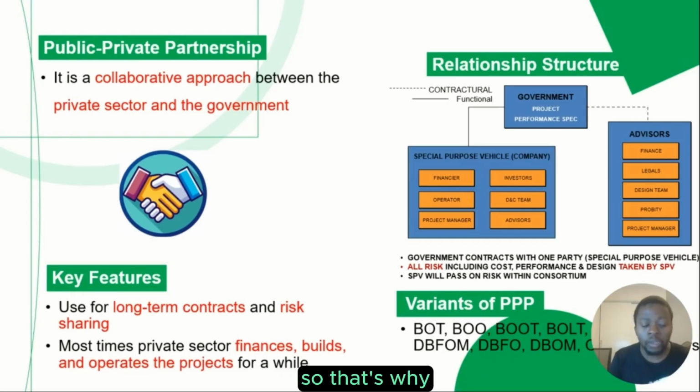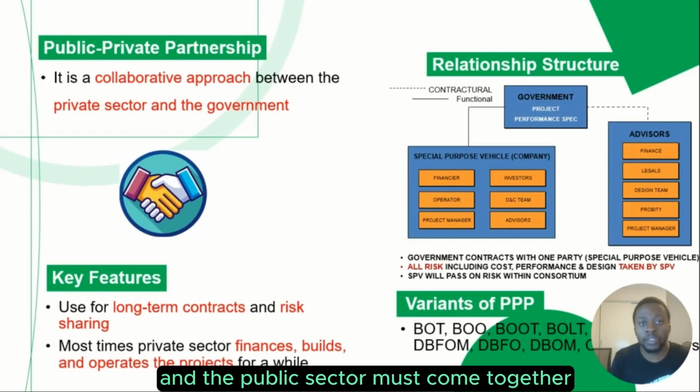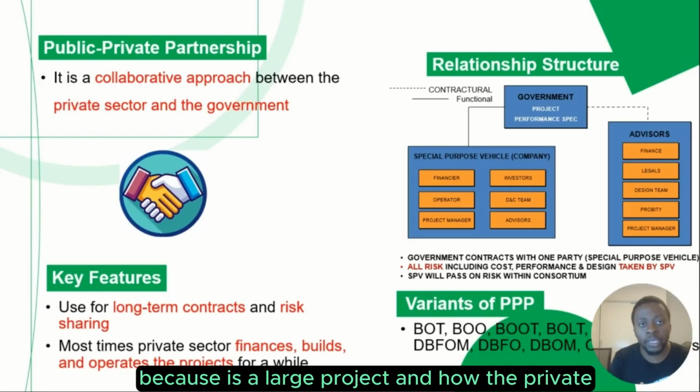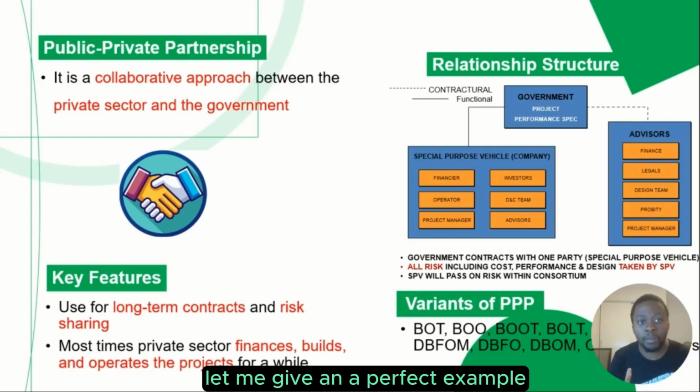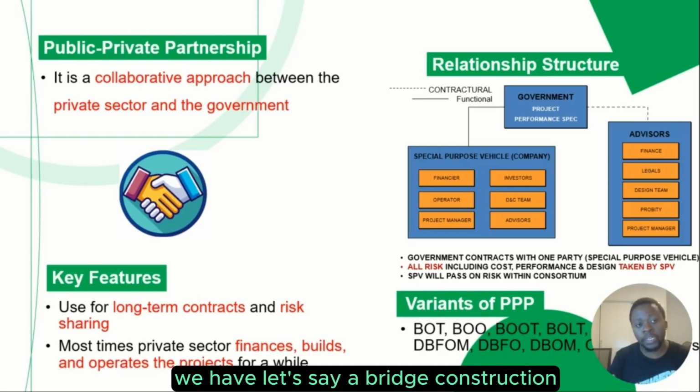So that's why the private sector and the public sector must come together on how we want to execute this project, because it's a large project, and how the private will recoup their finances in the long run. Let me give a perfect example. Let's say a bridge construction.